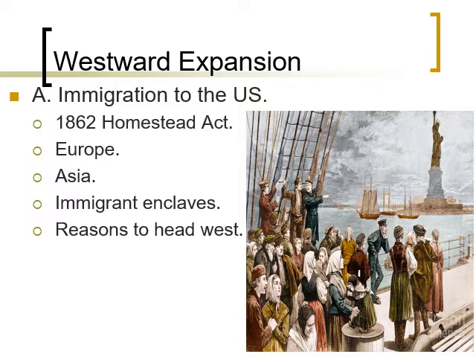Now you'll notice the year 1862 is when the first Homestead Act was passed. People in the northwest of the United States, think Illinois, Indiana, places like that, really wanted that land opened up for free in the 1850s.